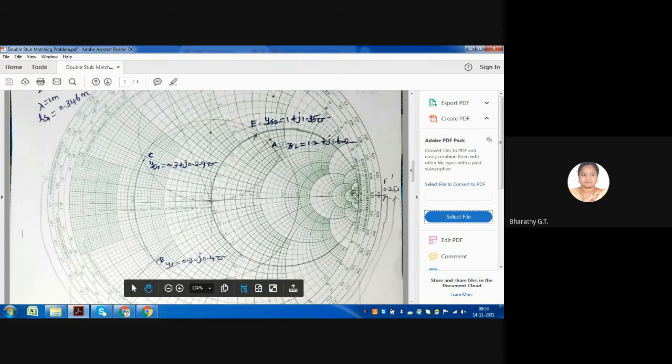So you have to move along the curve or the circle 0.3 to reach the point C. Have you completed it? Have you got the value? YS1 is equal to 0.3 plus J 0.29. Move.